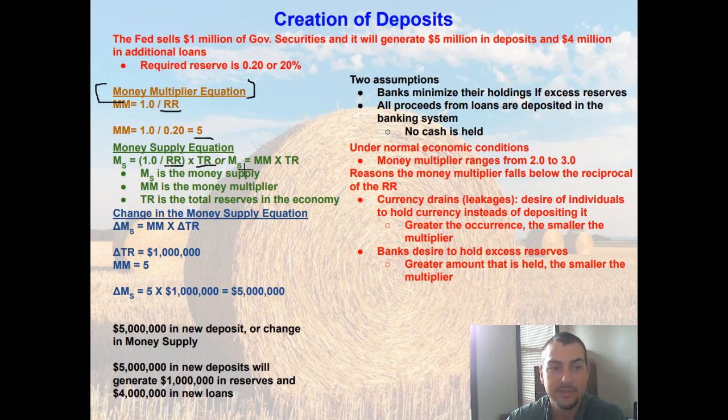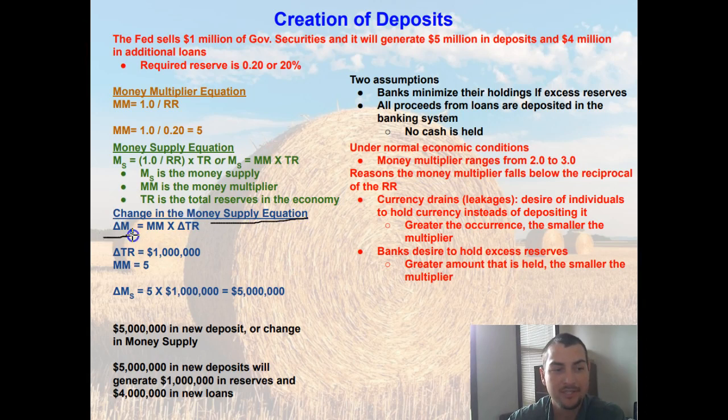Remember that 1 divided by the required reserve ratio is the same thing as the money multiplier, so we can rewrite this formula as: the money supply is equal to the money multiplier times the total reserves, where MS is the money supply, MM is the money multiplier, and TR is the total reserves in that particular economy.